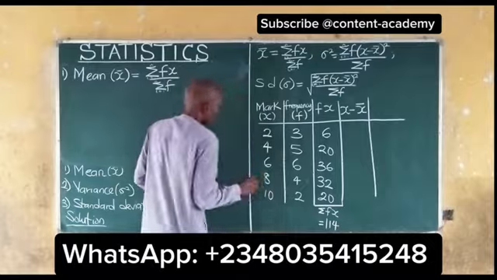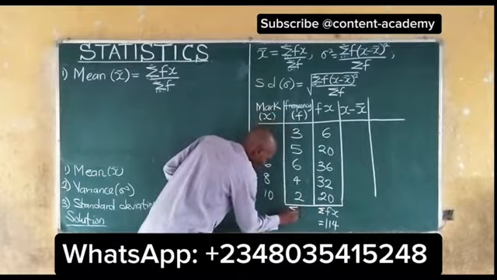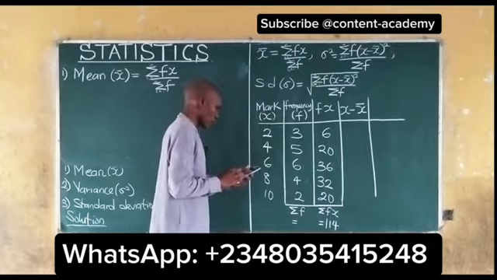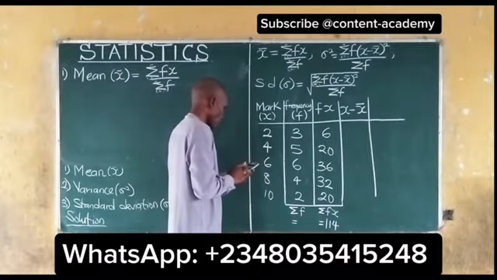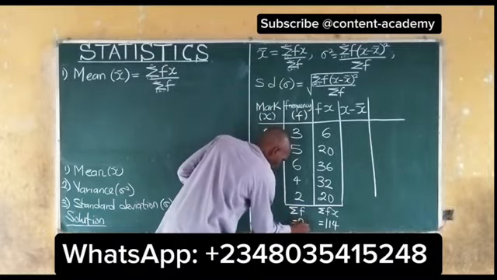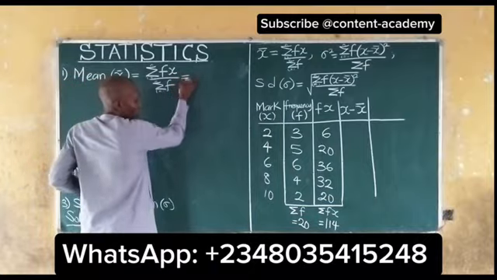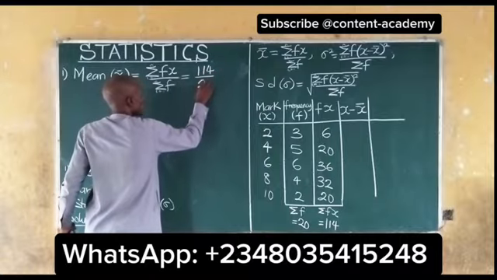Now, what is summation of f? Summation means addition of f. We can write it as 3 plus 5 plus 6 plus 4 plus 2, so we get 20. So to calculate our mean, it will be 114 divided by 20.